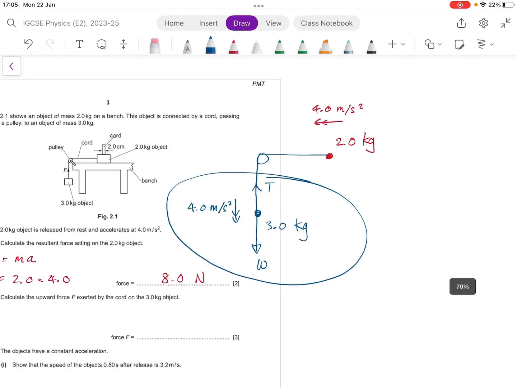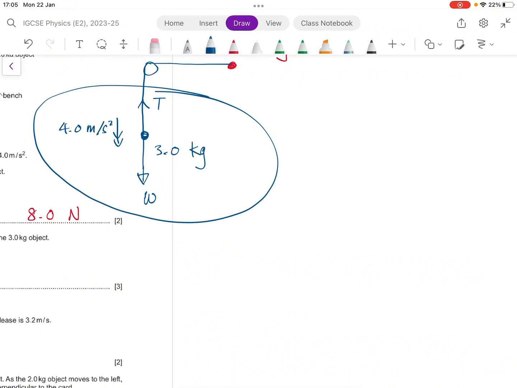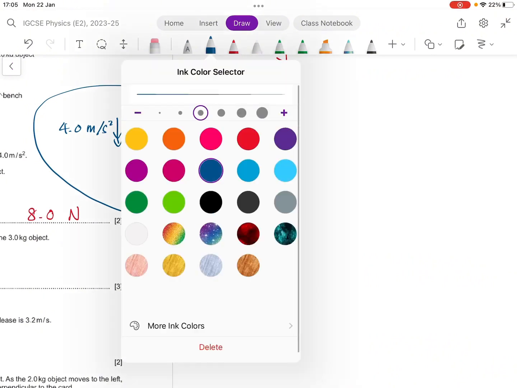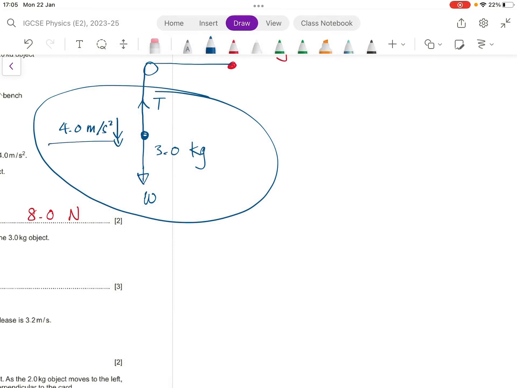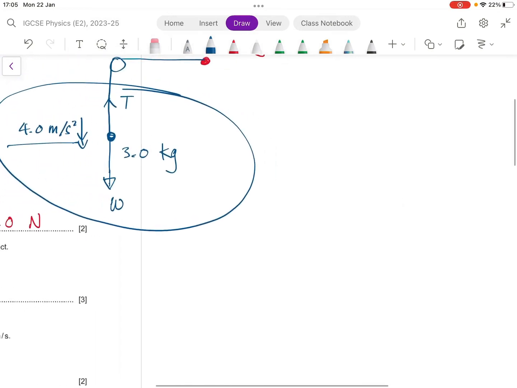So now, let's take a look. Well, first of all, we have some acceleration, okay? Newton's second law is telling us that the larger the force, the greater the acceleration this object will experience.